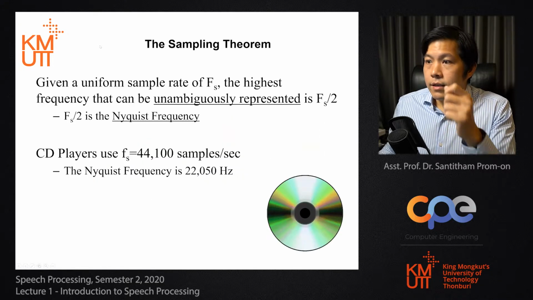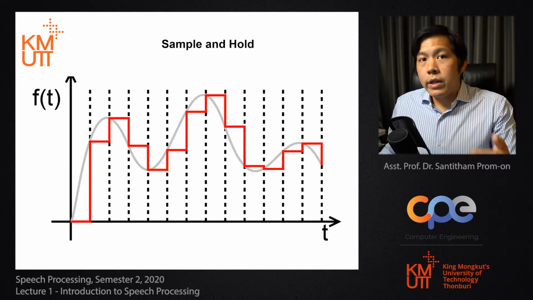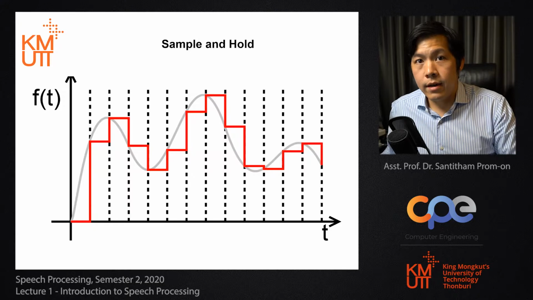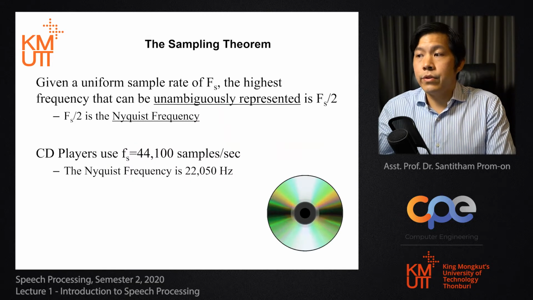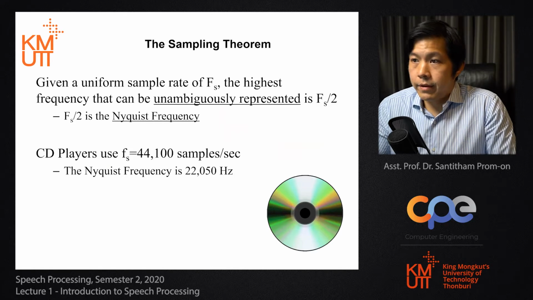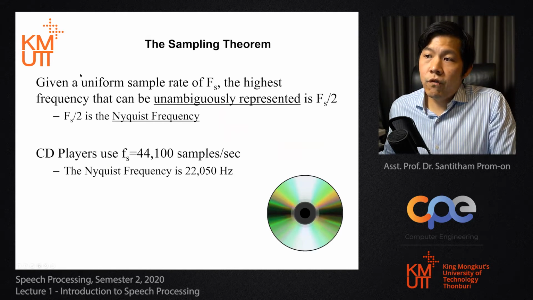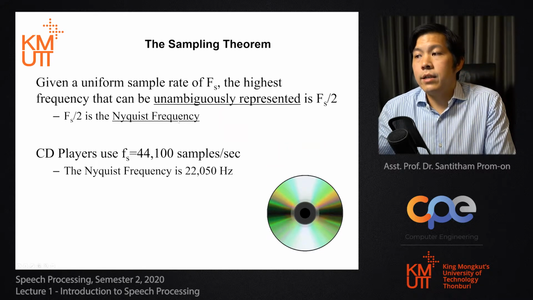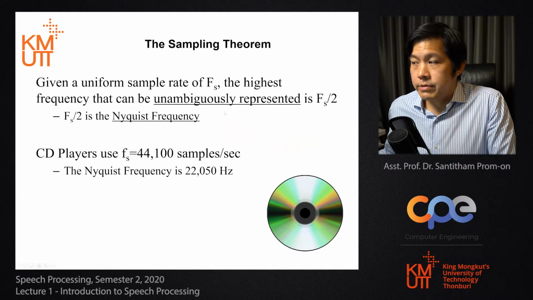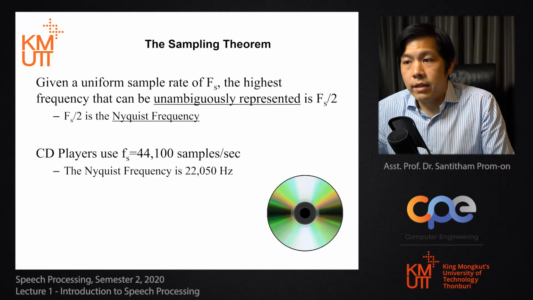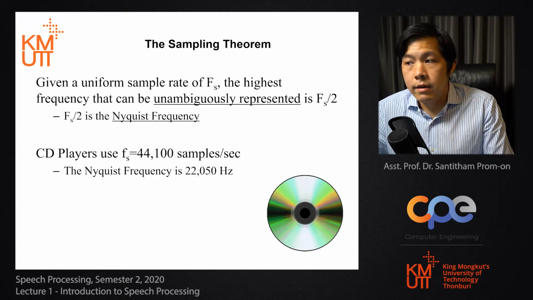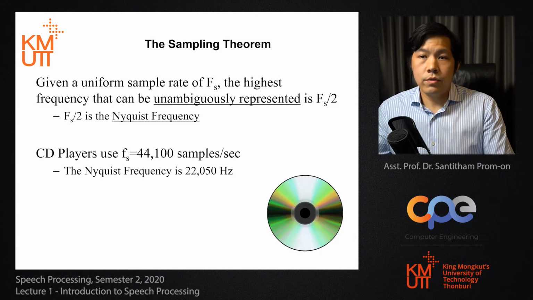Okay. So what is the sufficient level of the sampling frequency? There is a theorem that says that for a uniform sampling rate, Fs, the highest frequency for an unambiguous representation is Fs over 2. Fs over 2 is called the Nyquist frequency. So what does that mean?